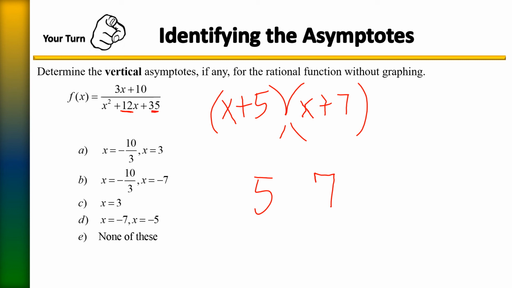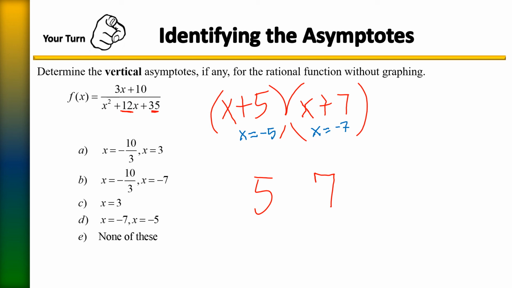solve these for x. So the first one, actually let me change the color there. Solving the first one for x, we would need to subtract 5 from each side, and x will equal negative 5. On the other one, we're going to subtract 7 from each side, and x equals -7.